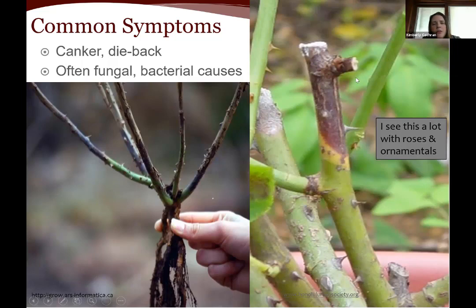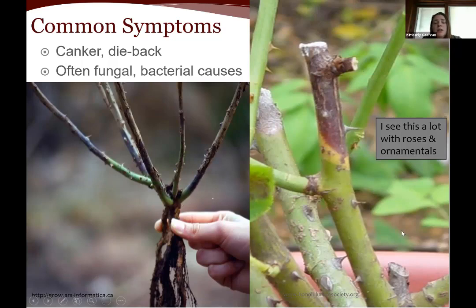And people always want to know, can I get rid of this diseased tissue and save my rose? Because sometimes it's a pretty big investment, or it's just a favorite one you've had forever. So what I would recommend is pruning further down, like at least 4 inches below if you can. I know sometimes it's impossible if it's close to the crown, like in the picture on the left.